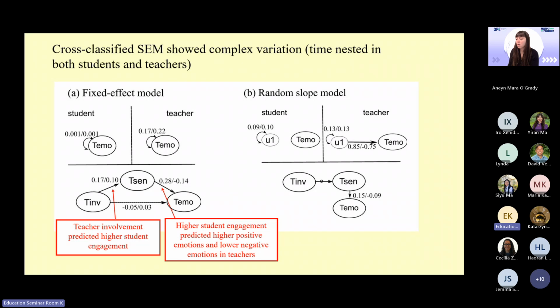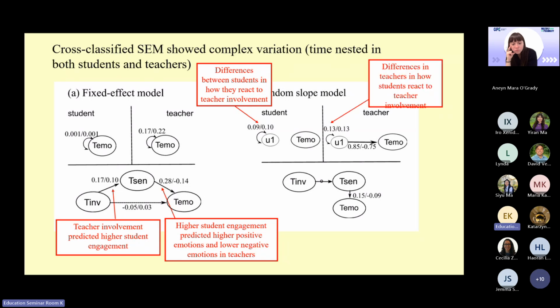And then we find that higher student engagement predicted higher positive emotions and lower negative emotions in teachers. And then we turn this into a random effect model. So we find that there are individual differences between students in how they react to teachers' involvement, and we also find that there are differences between teachers in how students react to teacher involvement.